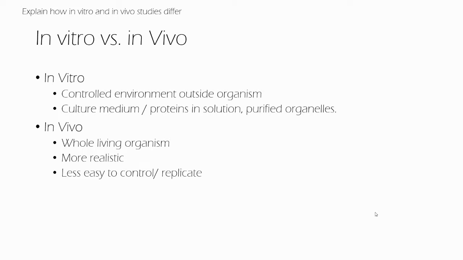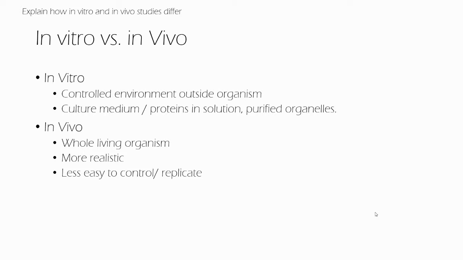Finally, we look at in vivo versus in vitro. In vitro refers to the technique of performing a given procedure in a controlled environment outside of a living organism. For example, within cells growing in a tissue culture, in proteins in solution, or in purified cell organelles.